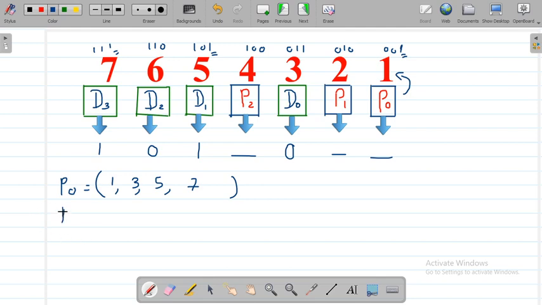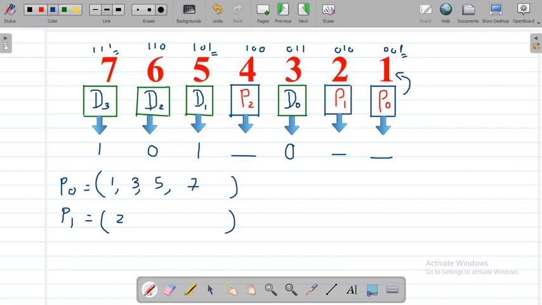Next is P1. Now P1 is at position number 2, so we have to check 2 bits. You can remember it this way: P1 is at position number 2, so check 2 bits, skip 2 bits, check 2 bits, skip 2 bits. Starting with 2, check 2 bits: 2 and 3.